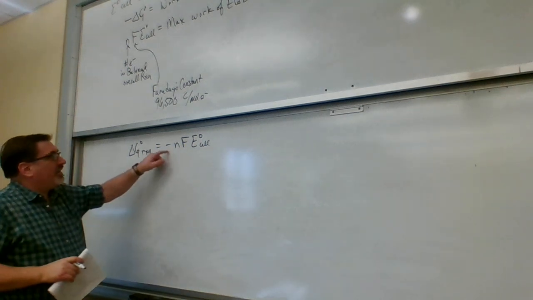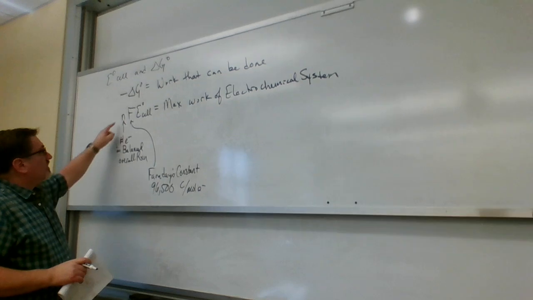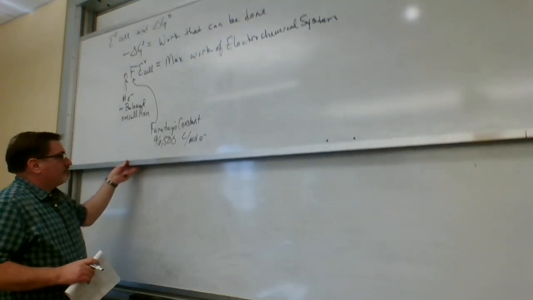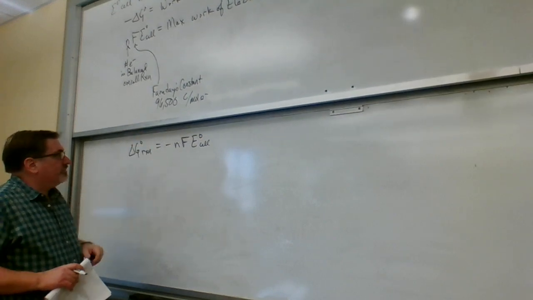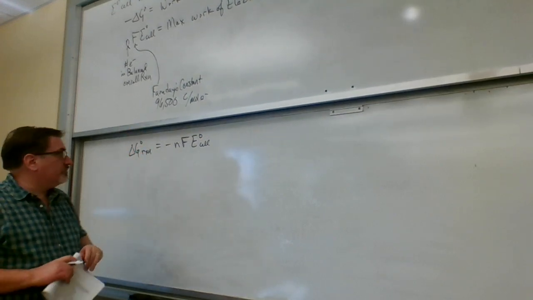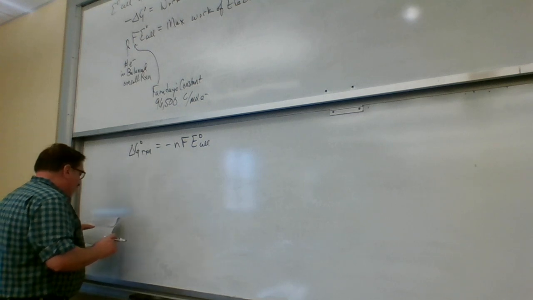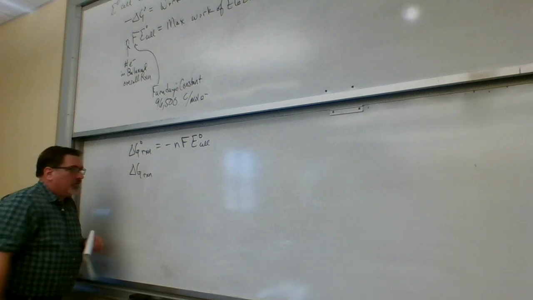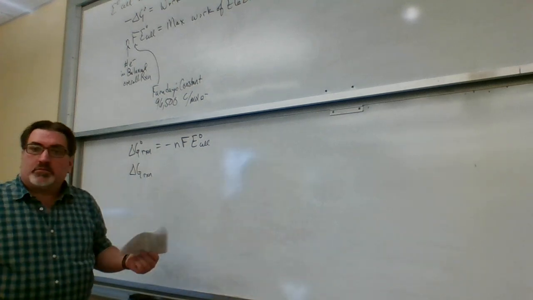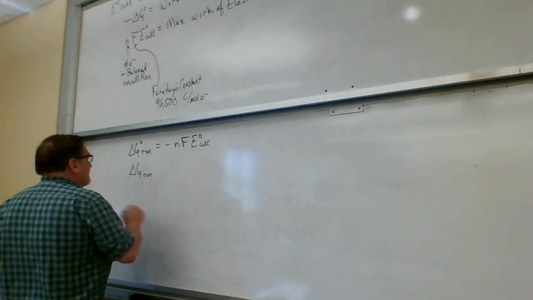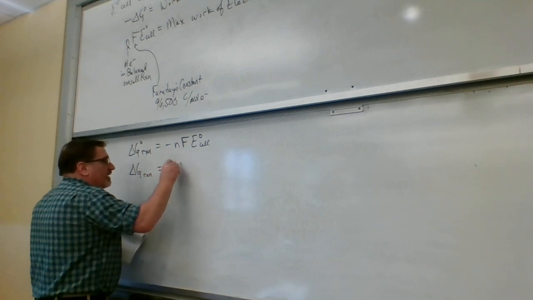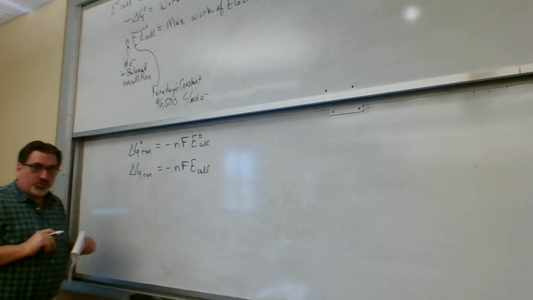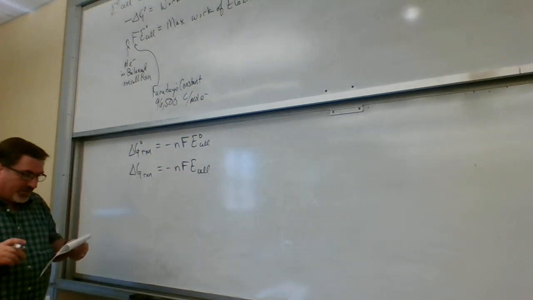The negative sign here was not here before, but it was up here. This is just one version of this. You can rearrange it however you want. If we do this at non-standard conditions, a different temperature, a different set of concentration conditions, delta G is minus nF E cell. We're just about ready to start talking about non-standard conditions, and we'll get to that.